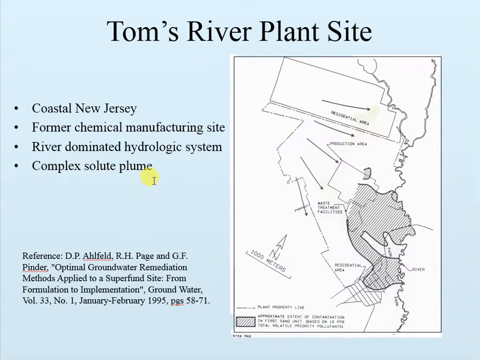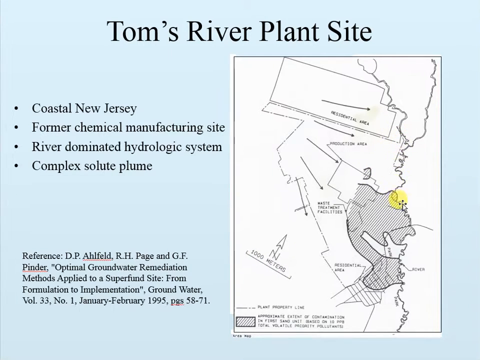I'd like to now turn to a field application of just this sort of formulation. This is a site in New Jersey in the United States. It's a former chemical manufacturing site. The facility is here. Note the scale, it's quite a large site.